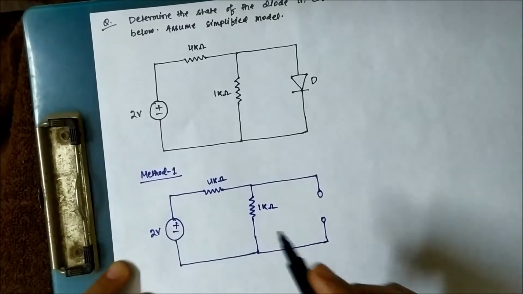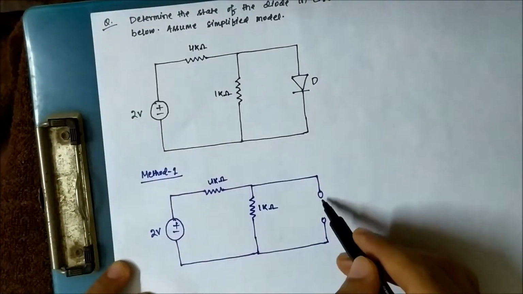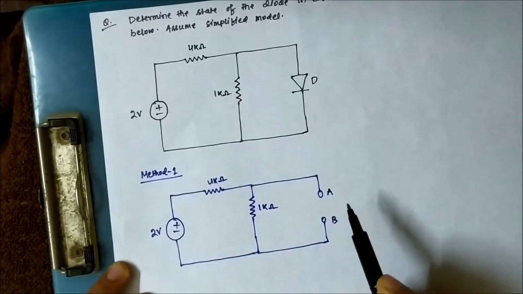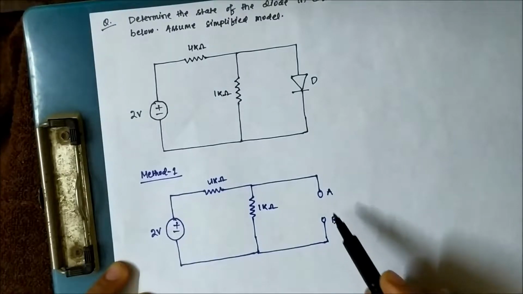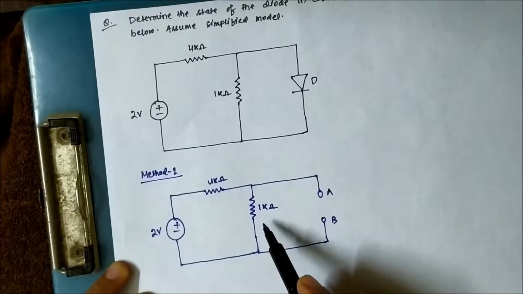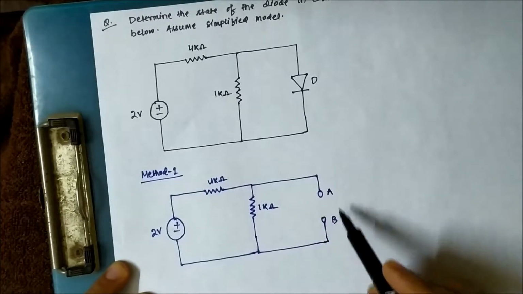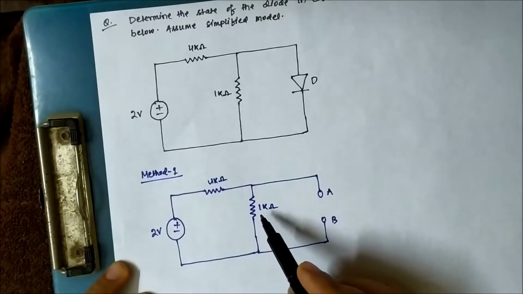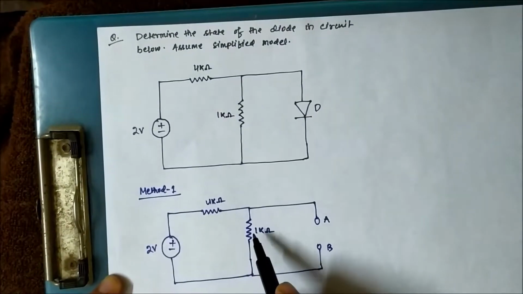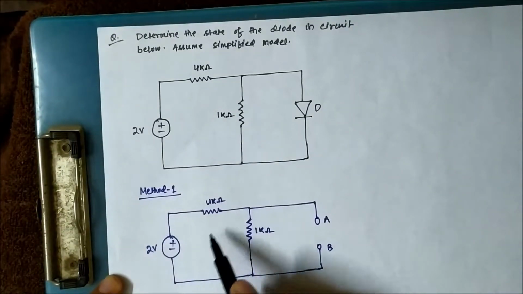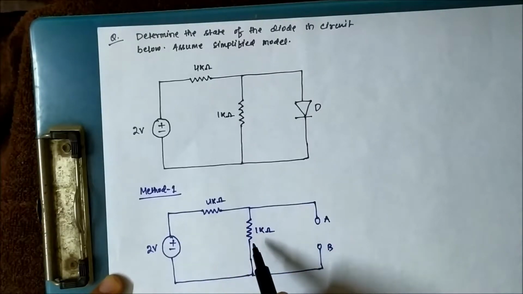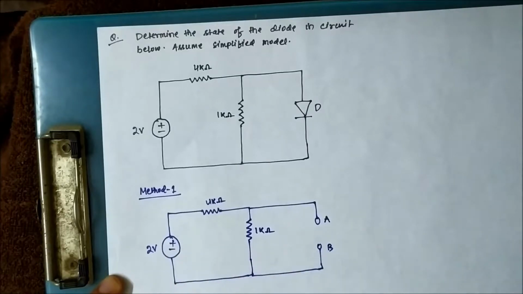Now let us calculate the voltage across these two terminals. Let us name them A and B. The voltage across the terminals A and B is the same as the voltage across the 1 kilo ohm resistor, isn't it? Now this voltage we can calculate by applying the voltage division rule. As this is open circuited, 4 kilo ohm and 1 kilo ohm are now in series with the 2 volt voltage source.